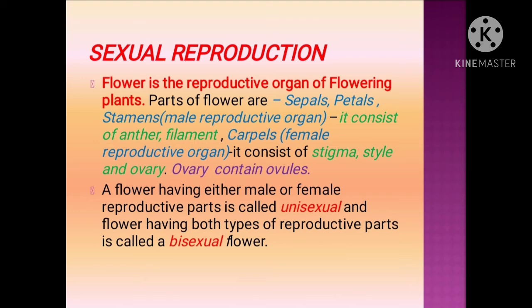When the male cell and the female cell fuse together, they form a third cell known as the zygote. This process of fusion of the male cell and the female cell is called fertilization. The zygote is the first cell of the new organism. It develops into a new organism over a period of time.